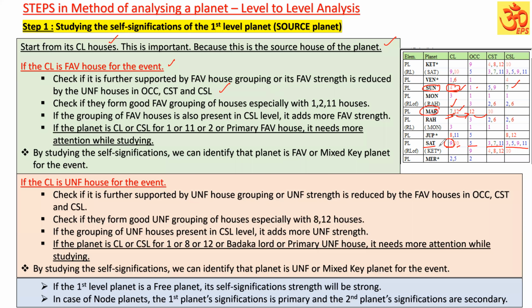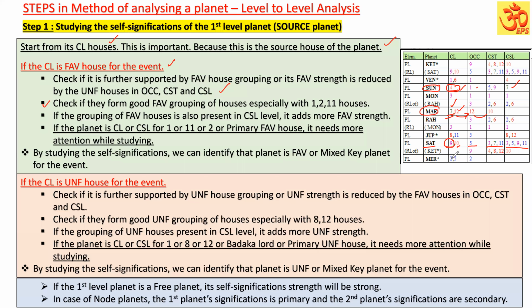In the case of Mars, the favorable house in the CL is not supported. It is unfavorable. Bad houses are reducing the strength of the primary house in CL. Check if they form a good favorable grouping of houses, especially with 1 to 11 houses.